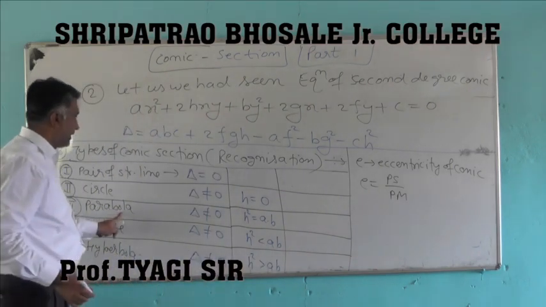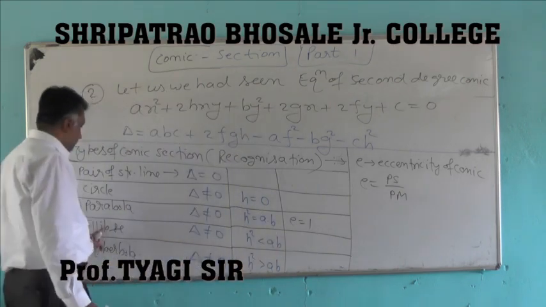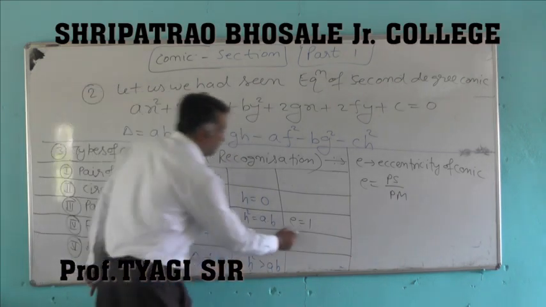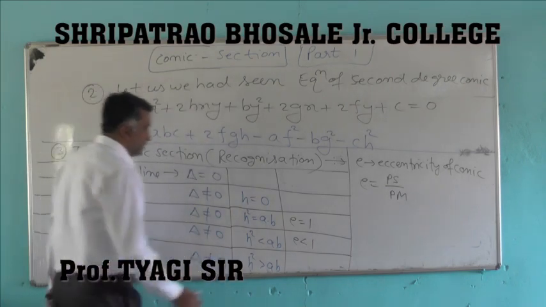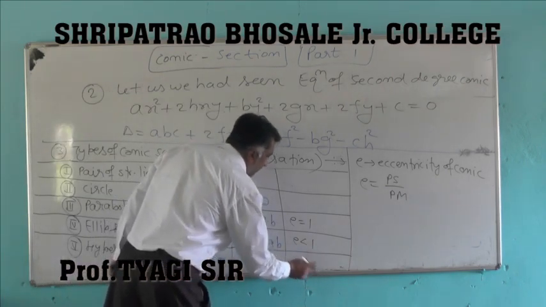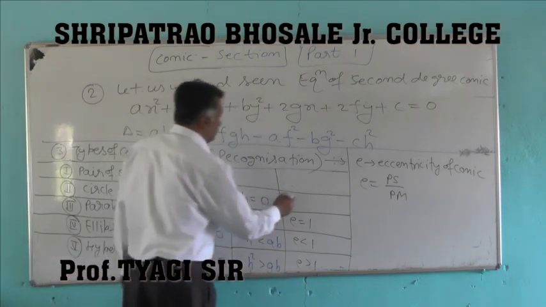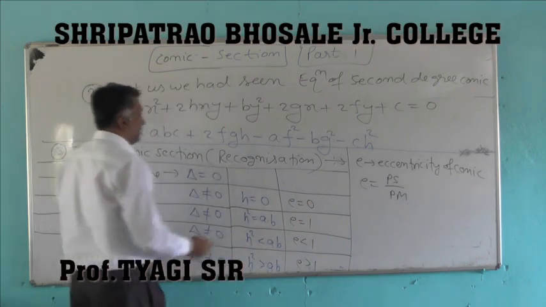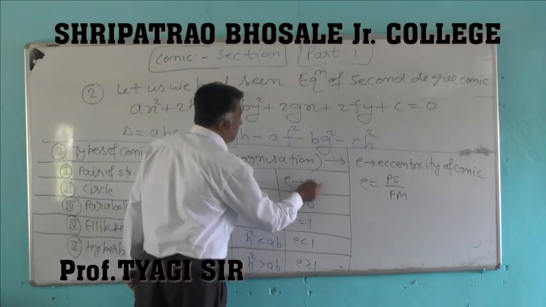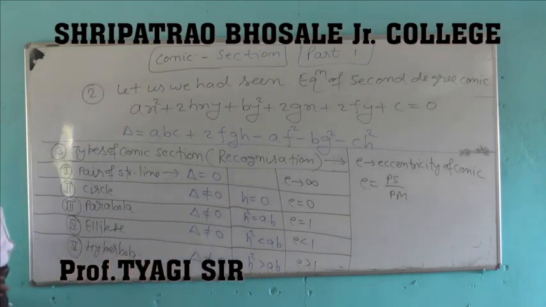For parabola, e equal to 1. For ellipse, e less than 1. For hyperbola, e greater than 1. For circle, e equal to 0. For a pure straight line, e tends to infinity. These are the distinctions between conic sections.